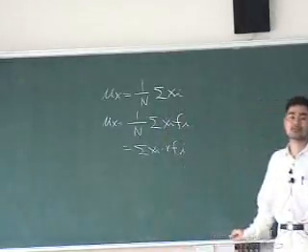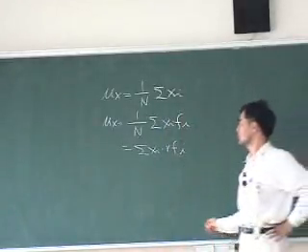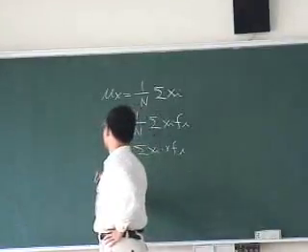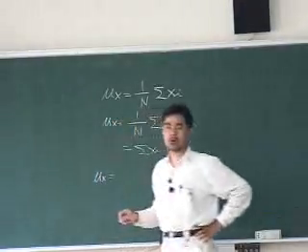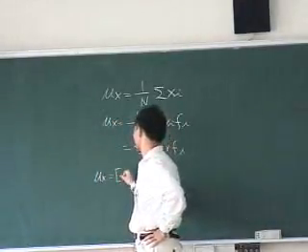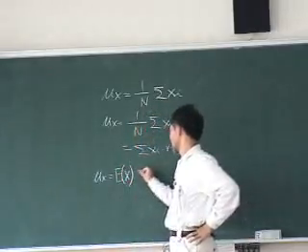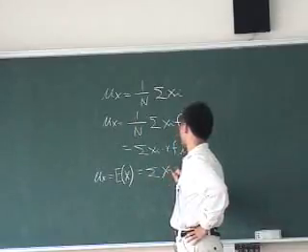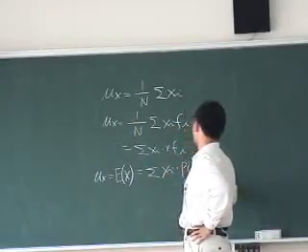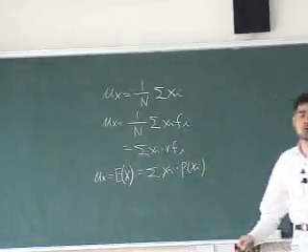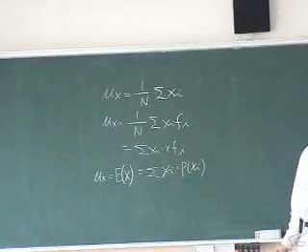After we introduce the probability distribution, we talk about the same thing, mu x, but it is now called expectation. So it is expectation of x, and that is equal to summation xi times p(xi). This is for the discrete type.